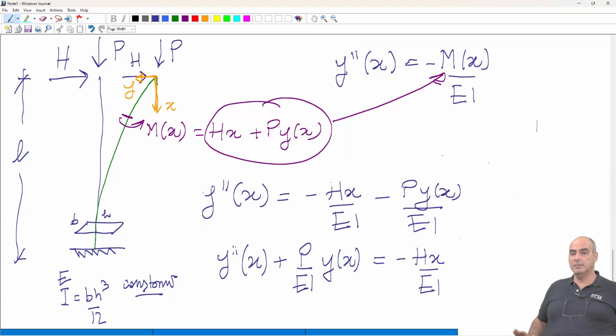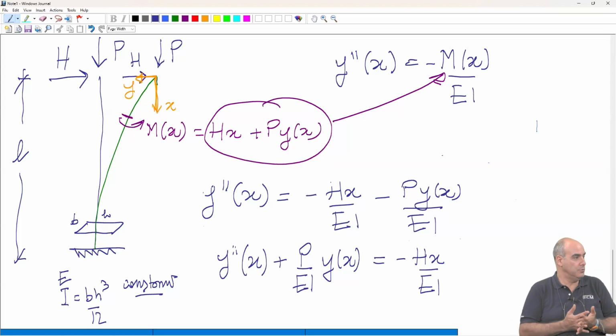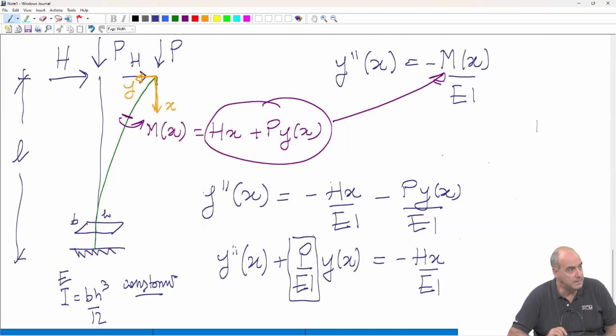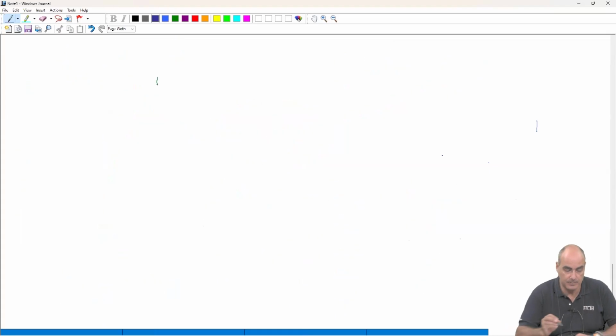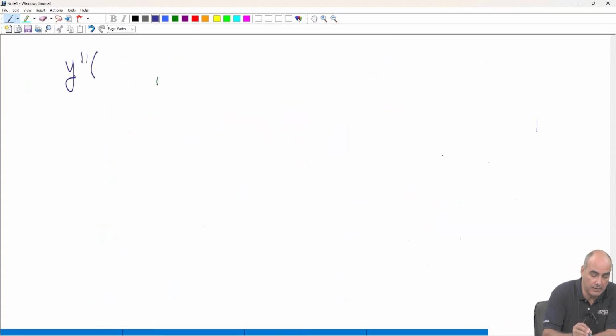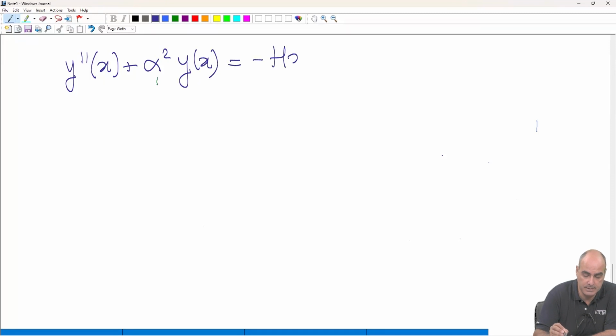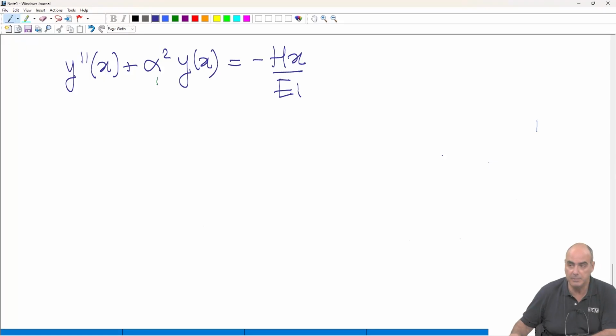This equation here is actually a linear differential equation, but it's very simple. It's one for which we know the solution. If we call this ratio here alpha squared, we get the second derivative of y plus alpha squared y equal to minus h x divided by EJ.